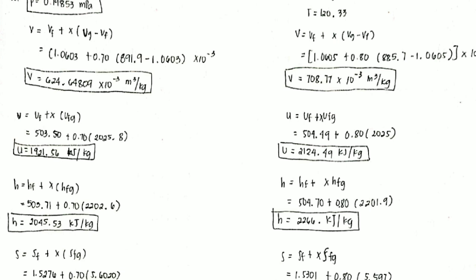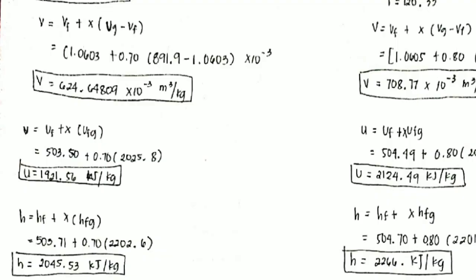So we substitute these into the formula V equals VF plus X of VG minus VF.